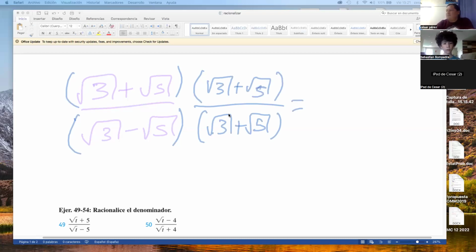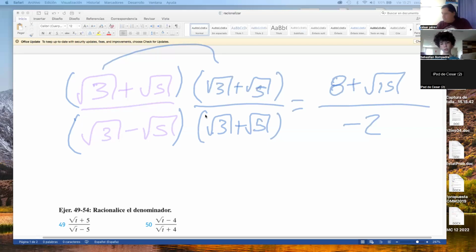Because we are multiplying by 1, it's the same number, but only it looks different. So we will get 3 minus 5. We will get minus 2. And if we multiply those two, we will get 8 plus 2 times the square root of 15.